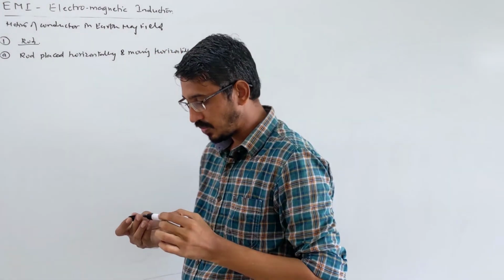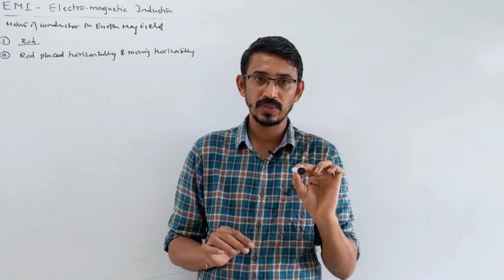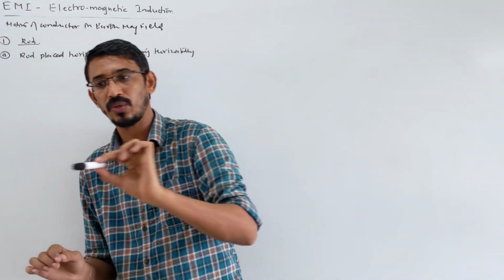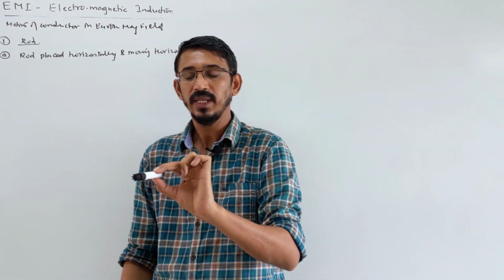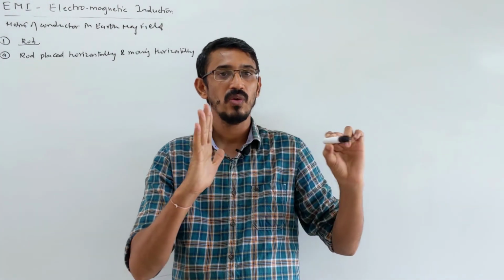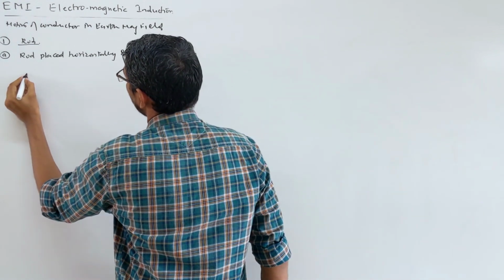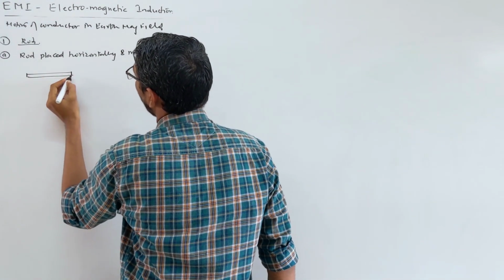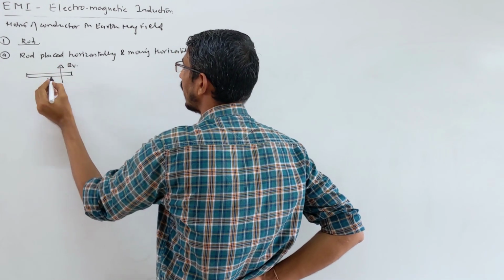Your pen is the rod; we place it horizontally and move it in the horizontal plane, with respect to Earth's surface. Then it will cross the vertical component of Earth's magnetic field. This is the length of the rod.